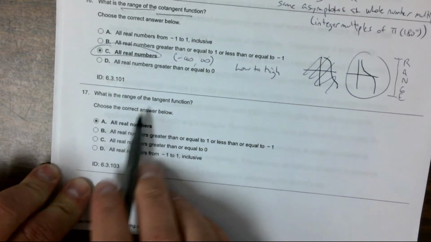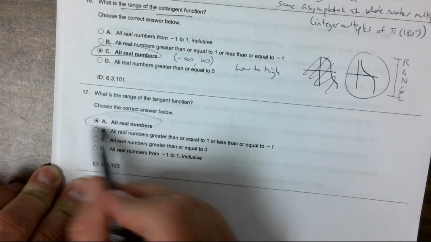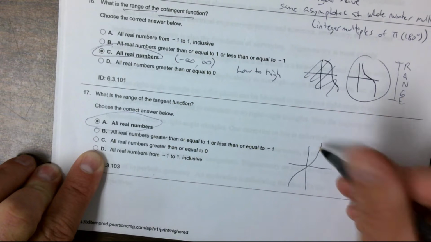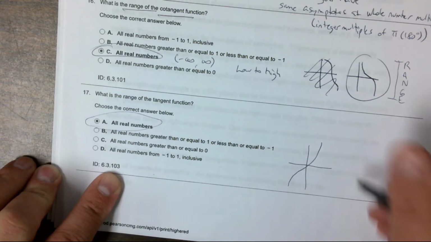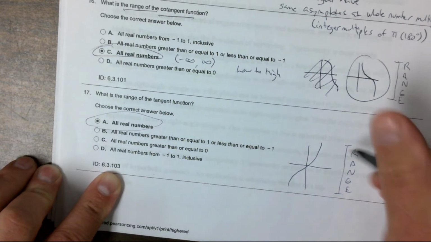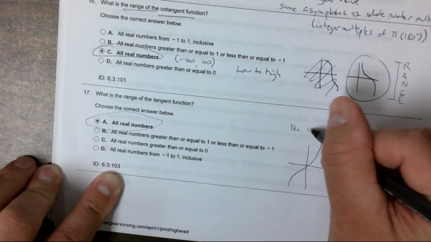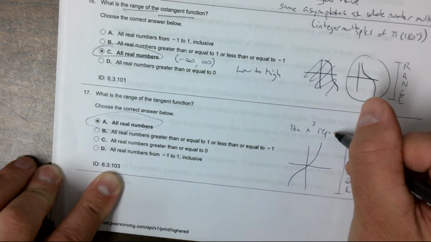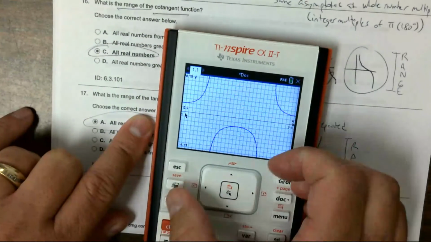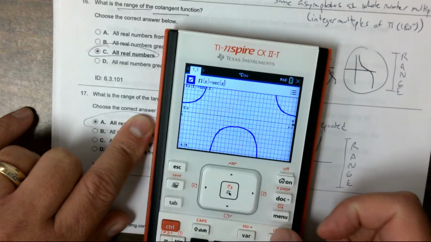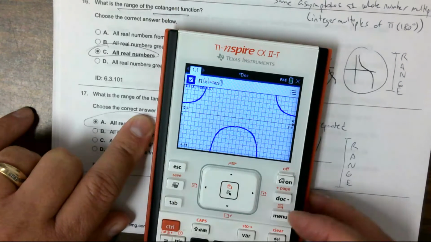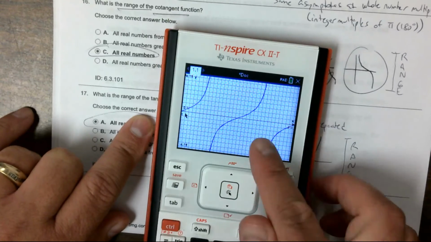Now we want the range of tangent, which would actually be the same thing. Tangent goes through the origin and kind of looks like x cubed a little bit. It's like x cubed repeated. So, for example, tan x, like that.